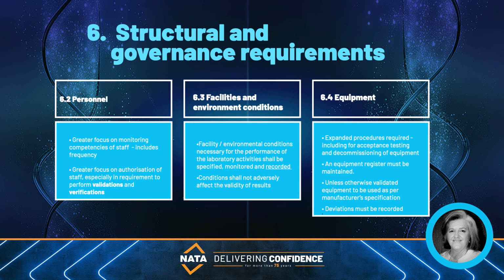Under Section 6.4, labs shall have access to equipment required for the correct performance of activities. There shall be processes for the selection, procurement, installation, acceptance testing, maintenance, and decommissioning of equipment in order to ensure proper functioning and to prevent contamination or deterioration.